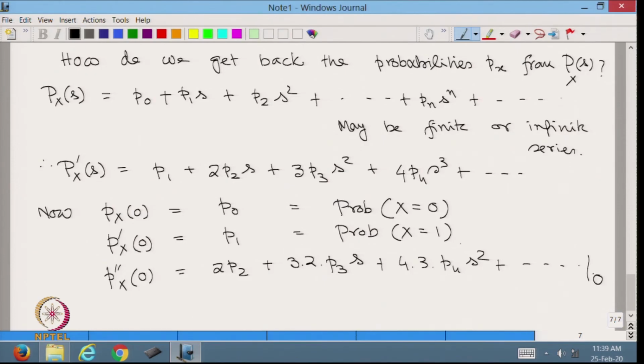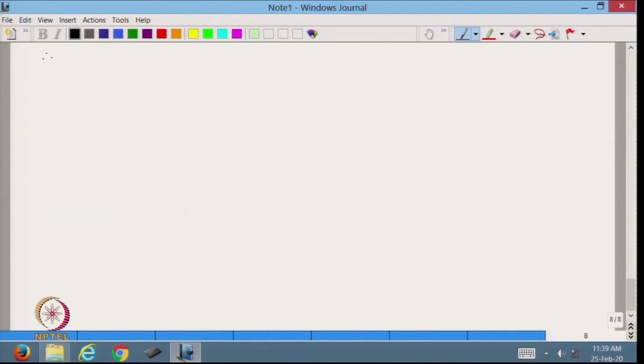At 0 this is equal to 2 P2, which is equal to 2 times probability x is equal to 2. Therefore, P double prime x at 0 is equal to 2 times P2.